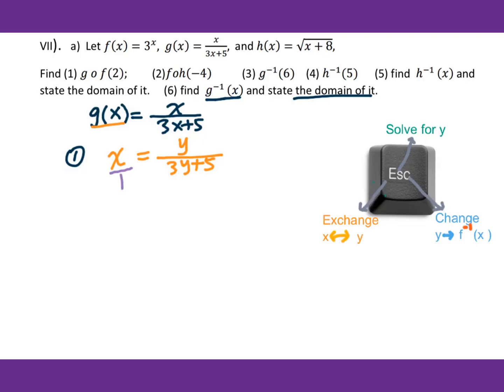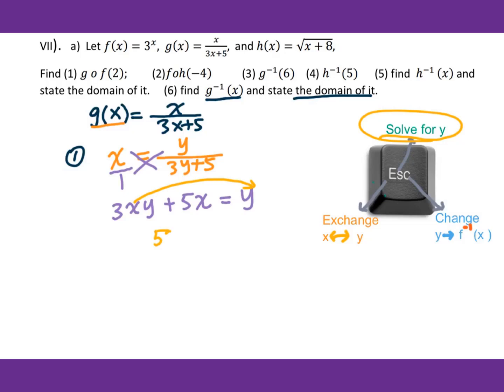Then do the cross multiply. You will get 3xy plus 5x equals y. We need to solve for y. Therefore, we know this is a linear equation. Keyword is isolating. So move all y on one side.